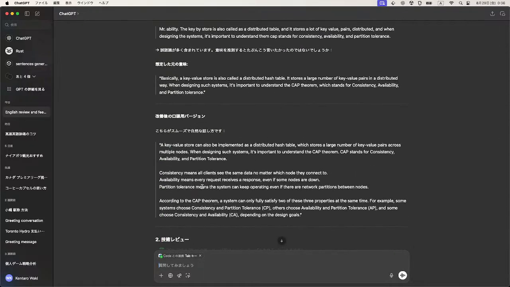A key-value store can also be implemented as a distributed hash table, which stores a large number of key-value pairs across multiple nodes. When designing such systems, it's important to understand the CAP theorem. CAP stands for consistency, availability, and partition tolerance.